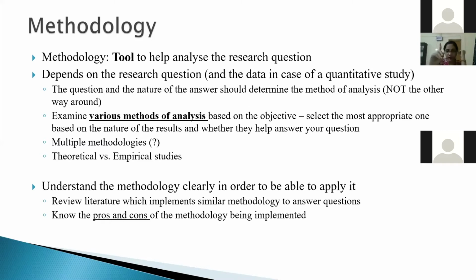The only time when that is actually valid is if you are writing a paper on econometric methodology. If you are writing an econometric methodology paper in terms of what are the tools, or if you're deriving a tool in your paper, then obviously the methodology forms the basis of your question itself.